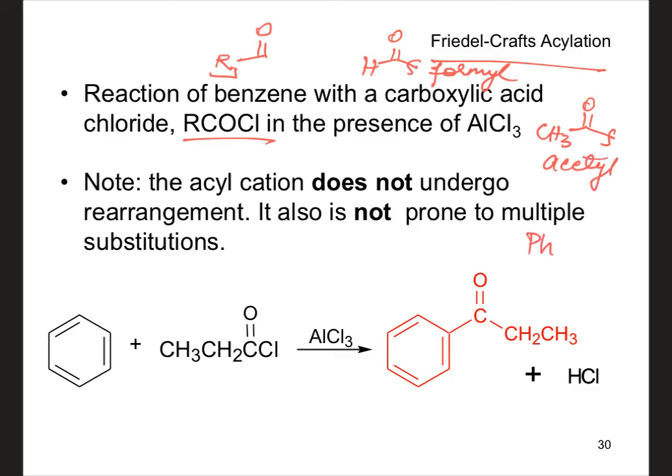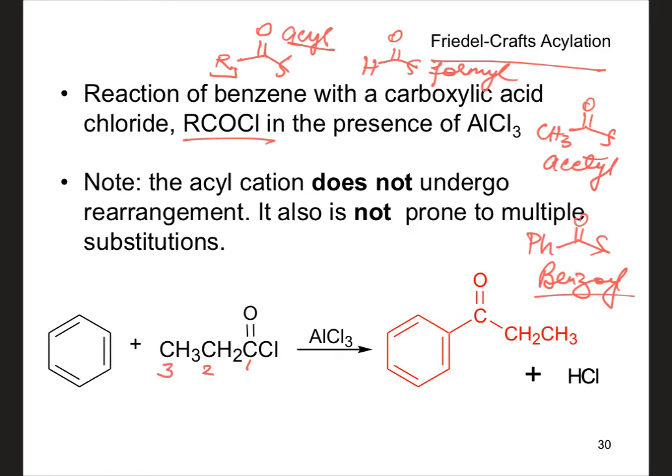And if it is a Ph, like a benzene ring, we call that a benzoyl group. So keep that in mind. In general, we call it acyl, but there could be different kinds of acyl: the formyl, the acetyl, the benzoyl.